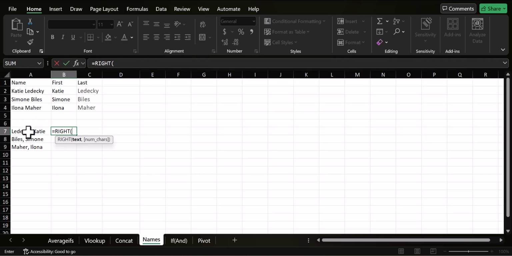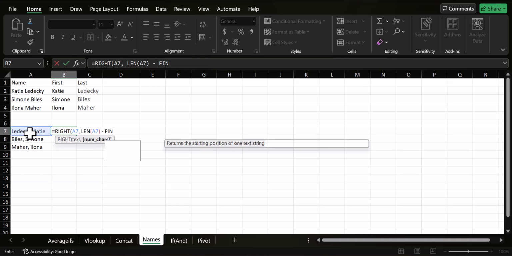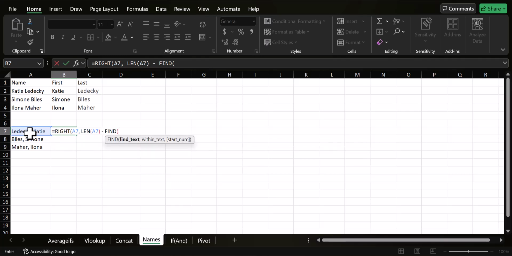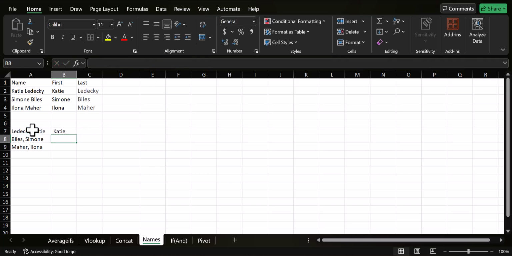So first we need to say, please look in this cell, because that's the cell we're interested in right now. And go ahead and get the total number of characters in that cell. We're going to subtract away from that the point at which we have the comma, space, so notice I have both of those things in there, in that cell. And we have closed all our parentheses, and that returns back the first name.